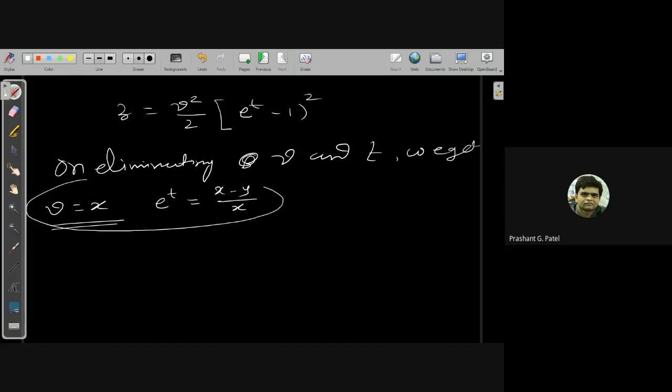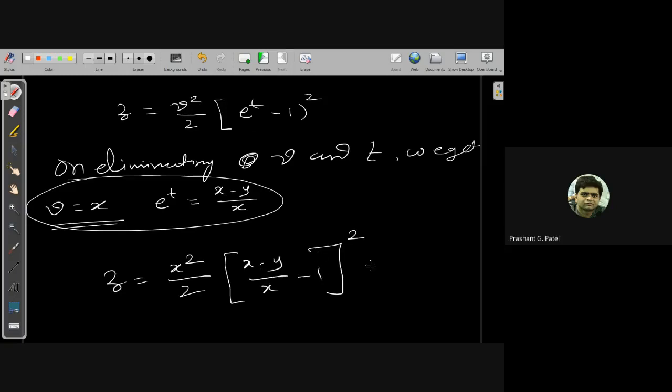We'll use this too. So z is equal to x square by 2 into (e power t is x minus y upon x, minus 1) whole square.